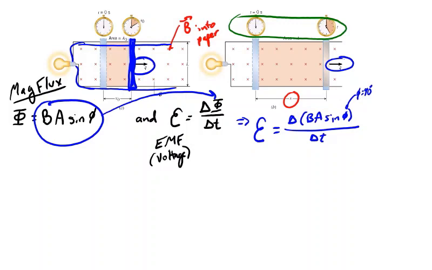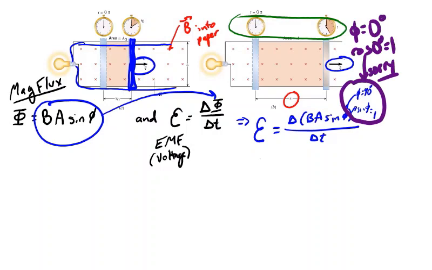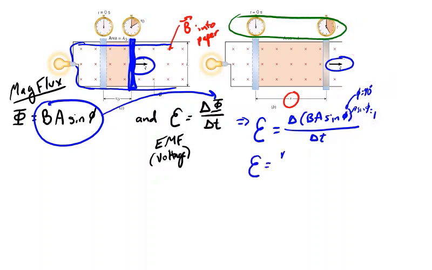That means the sine of 90 is 1, so the sine of phi will just equal 1, and we don't have to worry about it. That simplifies my equation into delta BA over delta t.